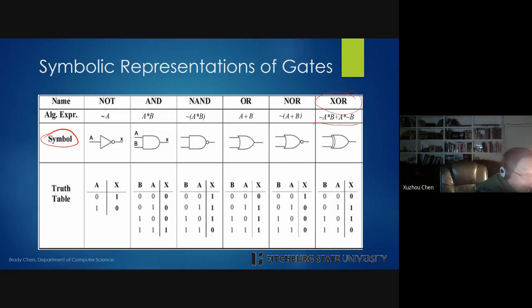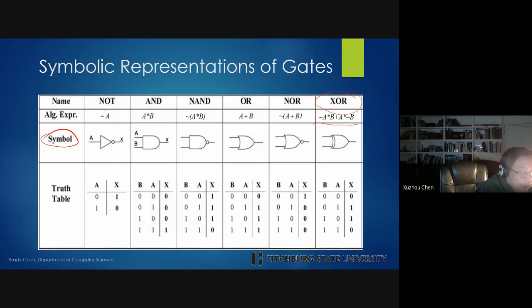So one thing we can build is called the NOT gate. The NOT gate is going to perform the NOT operation. The AND gate will perform the AND logical operation. NAND is a negation of the AND gate.